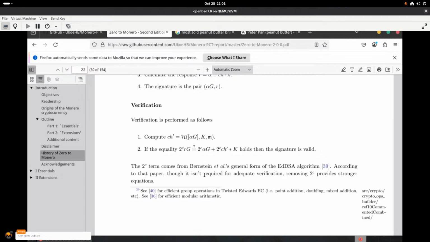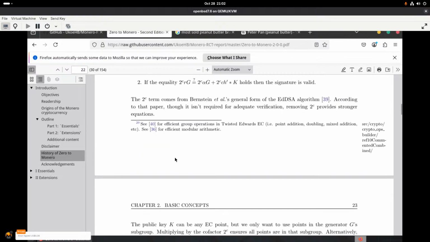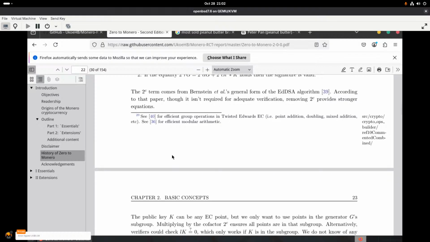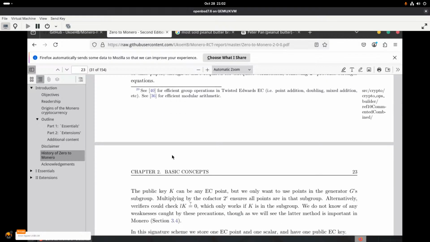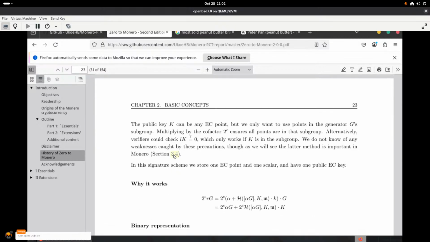The 2^c term comes from Bernstein et al.'s general form of the EdDSA algorithm. According to the paper, though it isn't required for adequate verification, removing 2^c provides stronger equations. Efficient group operations: the twisted Edwards EC, point addition, doubling, mixed addition, and efficient modular arithmetic. Basic concepts, Chapter 2.